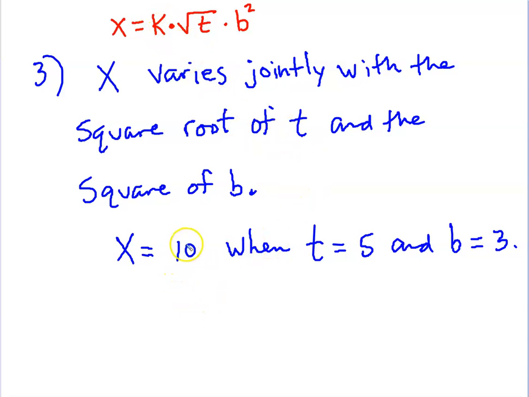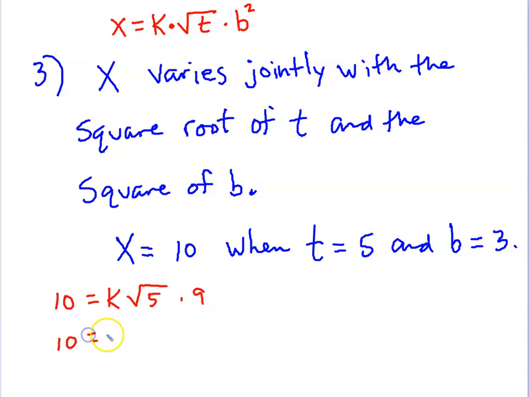Okay, so now these values for the variables can be plugged in order to find out exactly what k is. So I'm going to put 10 in for x, solving for k. I'm going to put 5 in for t, and I'm going to put 3 in for b and square it, and that makes 9.